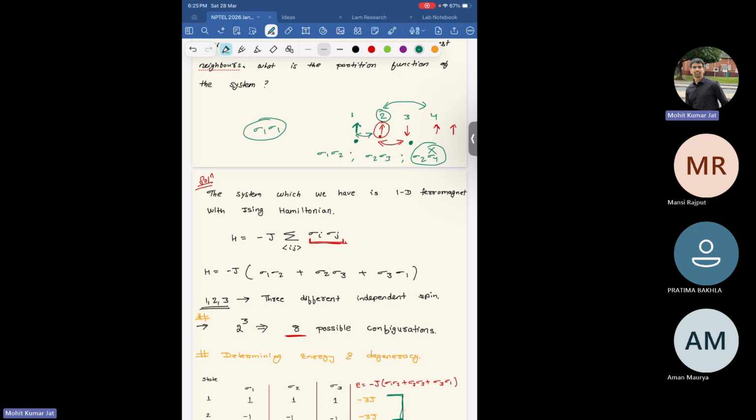That's why 1 1, 2 2, 3 3 is not there, because how will this spin talk to itself? That doesn't have any physical sense, right? This spin can only talk to its neighbor or next nearest neighbor, the way you define your system. But 1 1 will not be allowed, and so too 2 2 and 3 3.